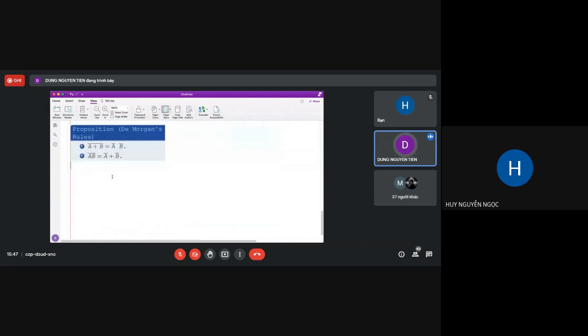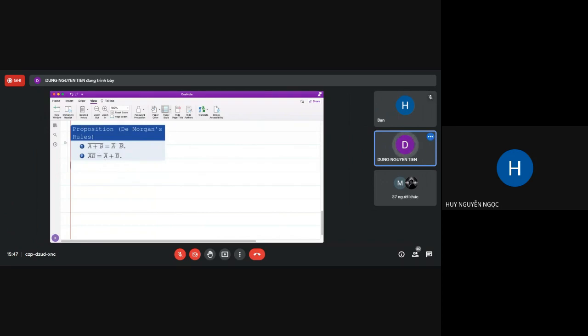There are many properties that you can get for operators, but now I want to focus only on De Morgan's rule.